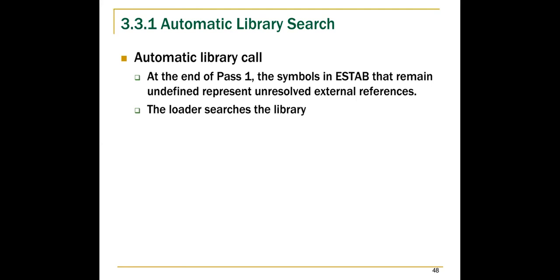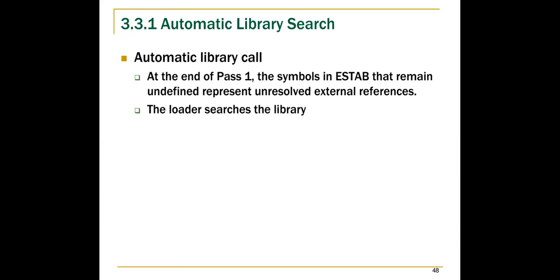But after ending this pass 1, it is going to check the symbols in your symbol table. Some external symbols which you have represented but have not at all defined, those things we call unresolved external references.